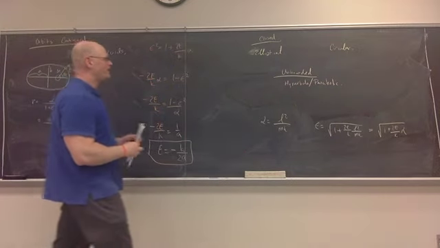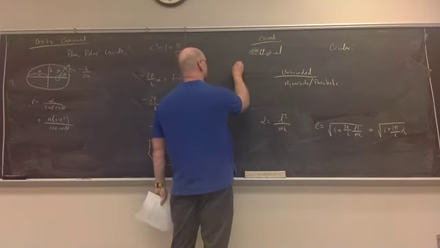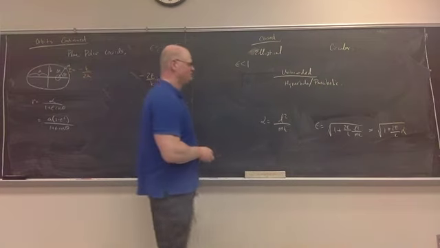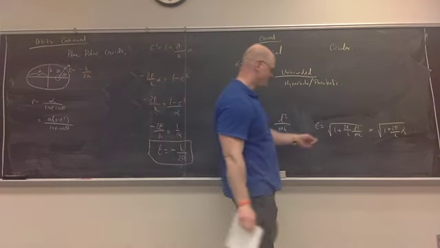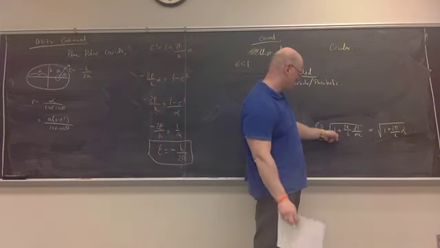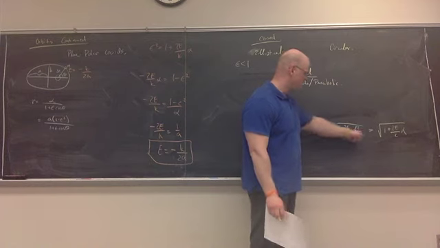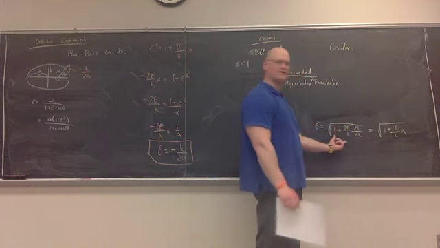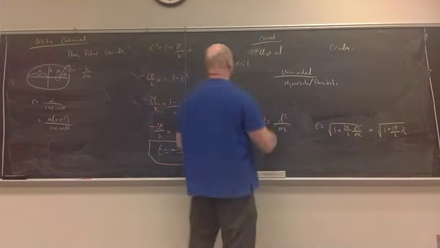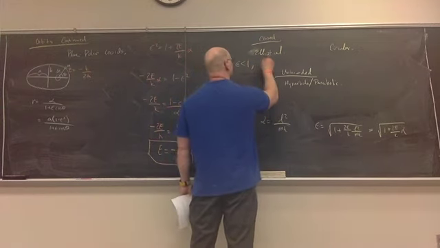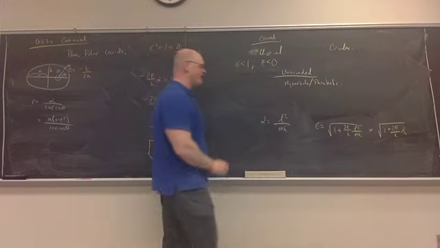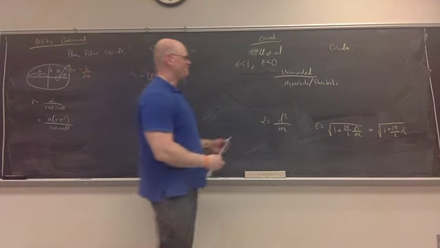Now, to have an elliptical orbit, what we said was that the eccentricity must be less than 1. So if I'm looking at my eccentricity here, to make this thing less than 1, what has to be true is that this entire term must be negative. So for this to be true, this implies that the energy must be negative.